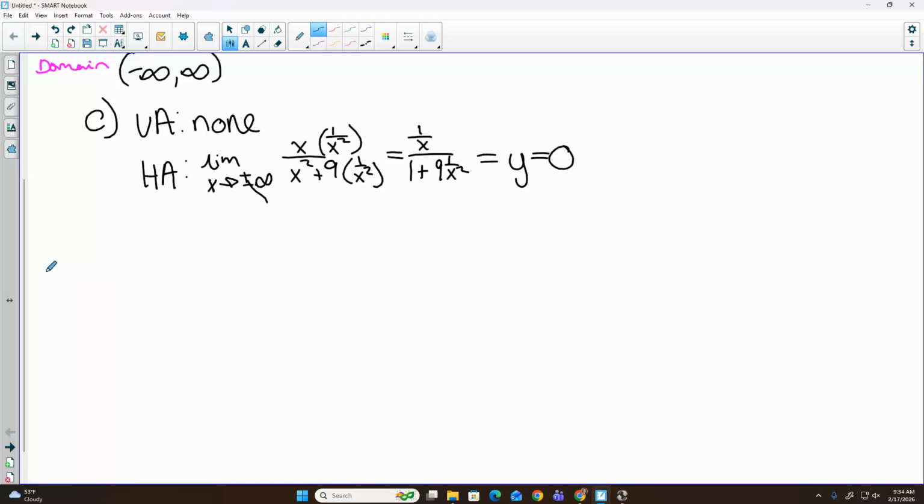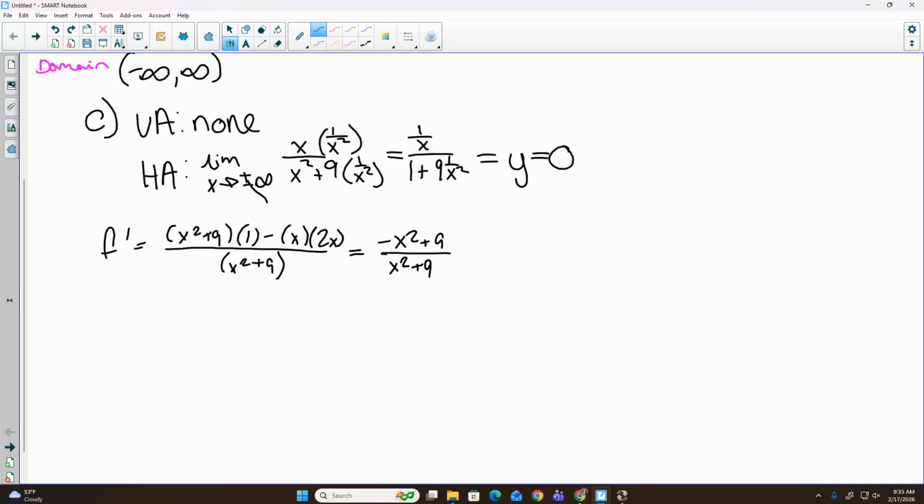So with the derivative, we're doing the quotient rule, and then that comes out to be something, and then you set it equal to 0 to get your critical points.